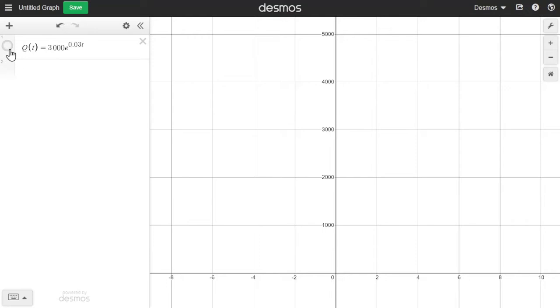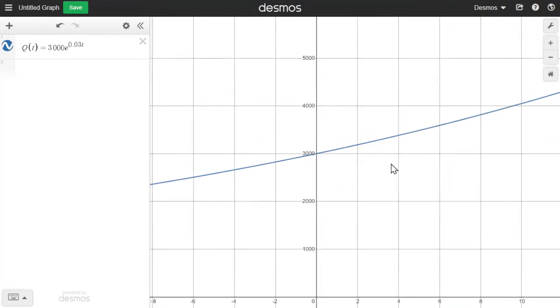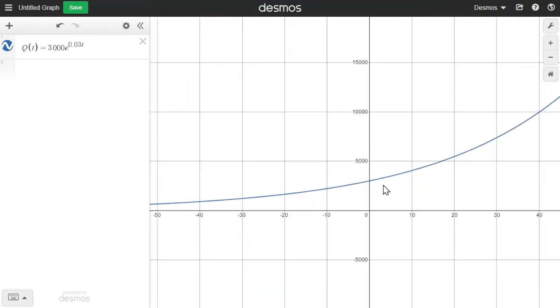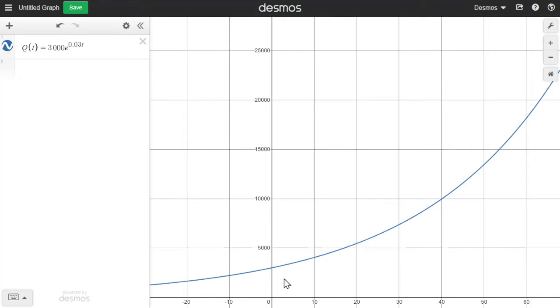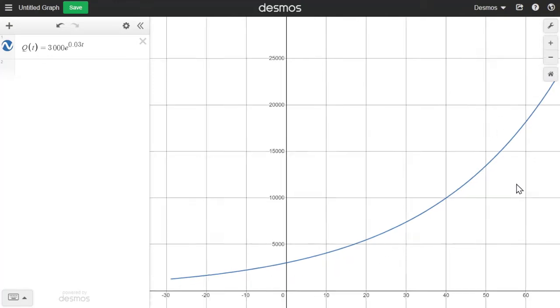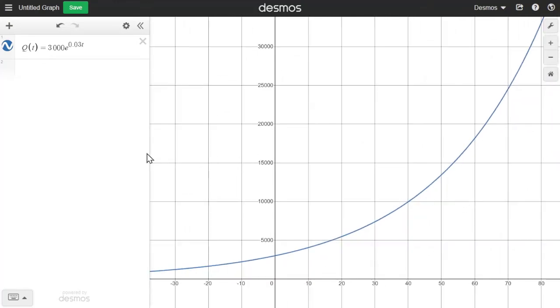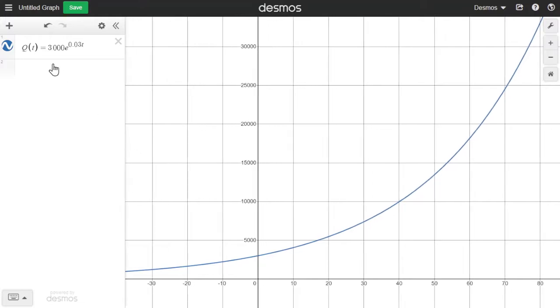So this is the graph for q of t. See, the money is growing, and the graph is exponential, growing in a one-way bent curve rising up like that. This is the graph for q of t, the model in base e: 3,000 times e to the 0.03t.